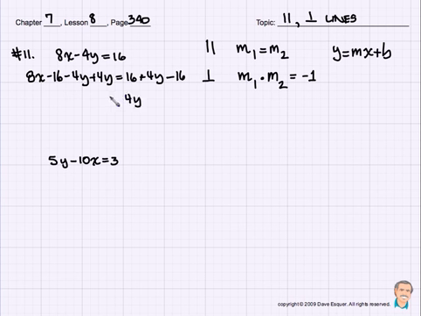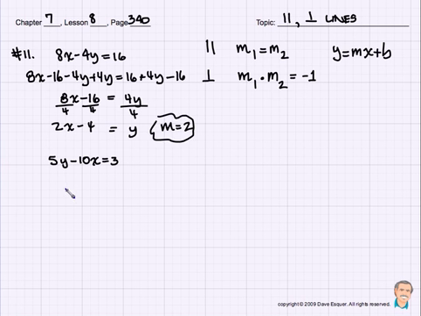And so this turns out to be 4y is equal to 8x minus 16. Well, if I divide everything by 4, y turns out to be equal to 2x minus 4. 8 divided by 4 is 2. So we know that the slope of this one is going to be 2. Got some information. Let's keep that in mind.